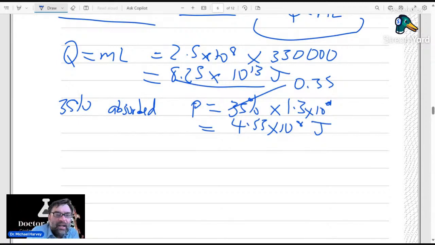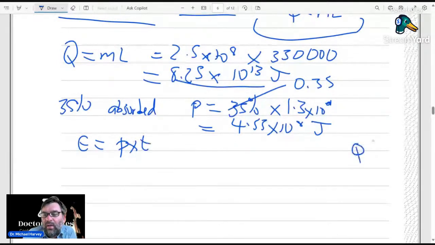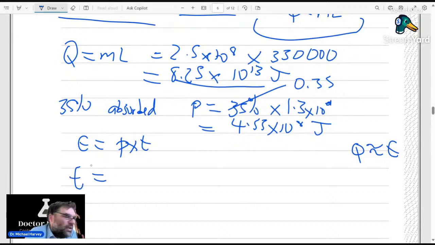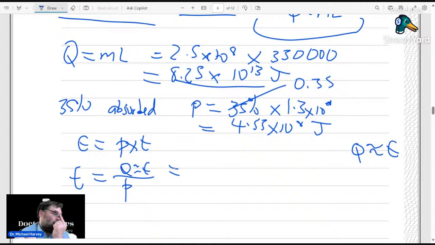And then from our previous question, E equals P times T, where Q is the same as energy, because Q is heat energy. So do the numbers. If you rearrange the equation, T will be Q over P, which is the same as E over P. We've got the Q above here.